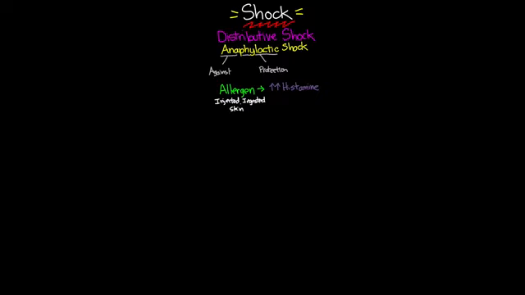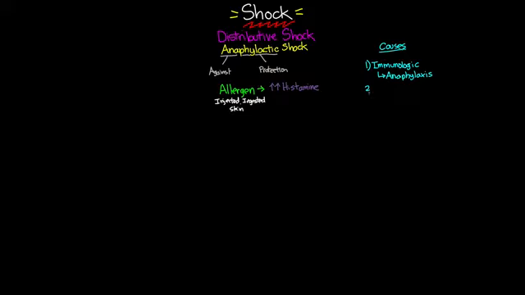Now if we look at the causes for anaphylactic shock, there are essentially two types, which we are going to break down further in just a minute. The first and most common one is the immunologic, and this is what we refer to as anaphylaxis.